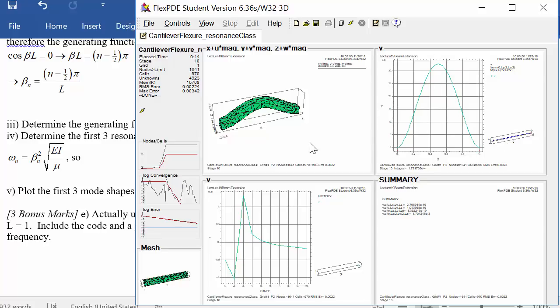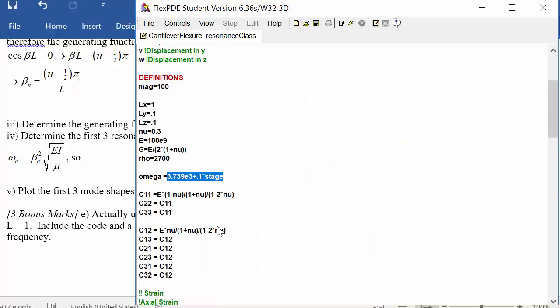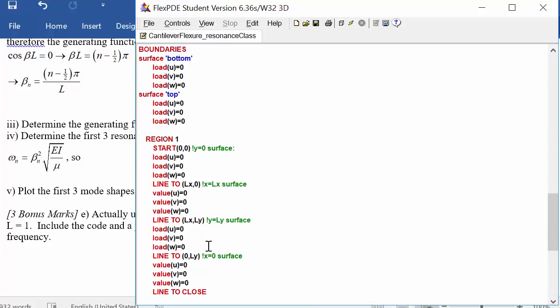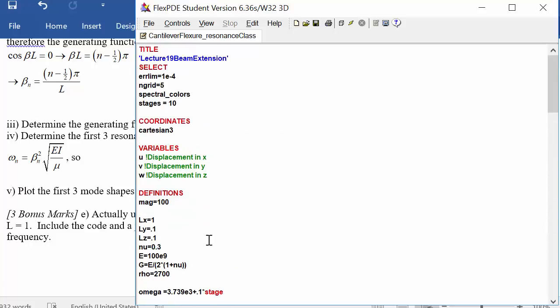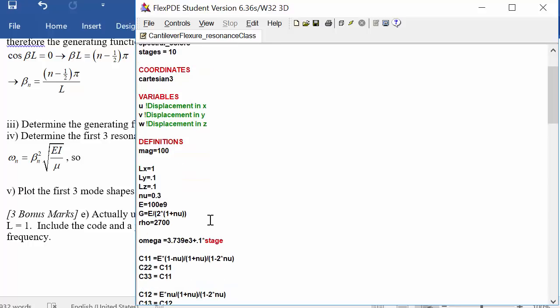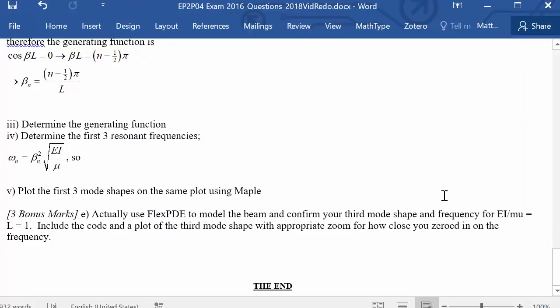So what we need to do is set up the boundary conditions to match the pin and the roller support for our particular setup. But before we can do that, we need to figure out what to put in for E, the dimensions, and then mu.